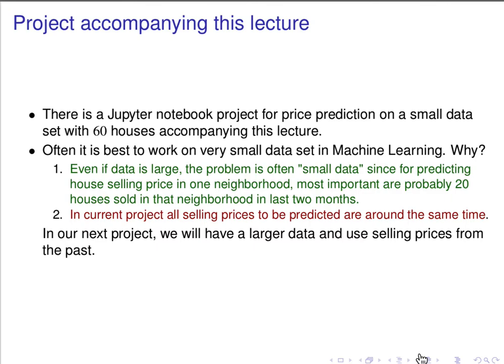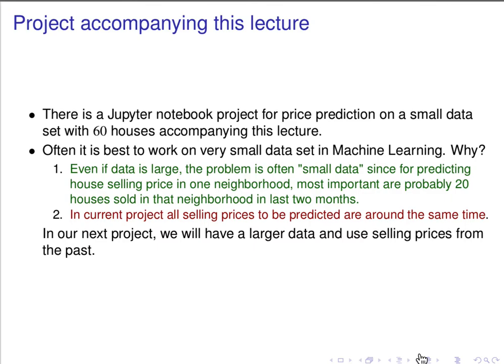But the small data project is I think interesting because in reality a lot of what we do has to do with small data. You can have a million home prices given to you, but when you predict a house in a certain neighborhood of, for example, Atlanta, then bingo, this million houses is not as valuable to you as 20 houses sold in the last 2 months in that neighborhood.